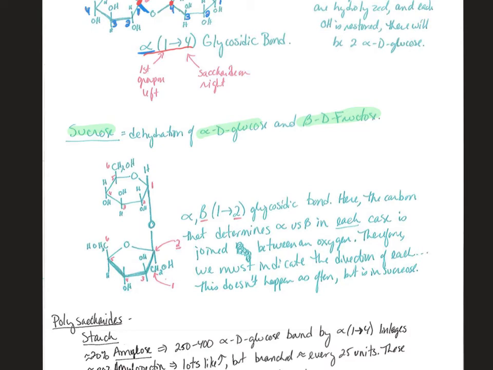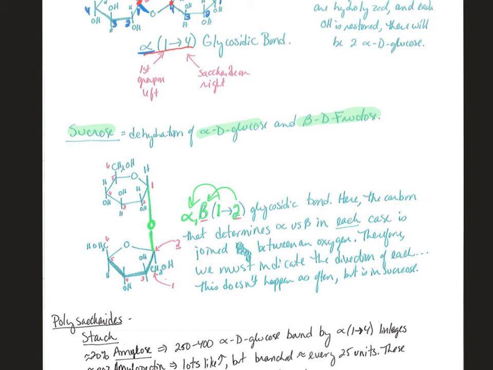On the top, this is going down to reach that oxygen. Since it's going down, we started off with the glucose having an alpha, and that's where this alpha comes from. On the other hand, the fructose has a beta because it's coming up. So we say we have an alpha, beta. One is referring to the alpha, two is referring to the beta. That's why we keep them in those orders. So the first thing is alpha, the second thing is beta, glycosidic bond.